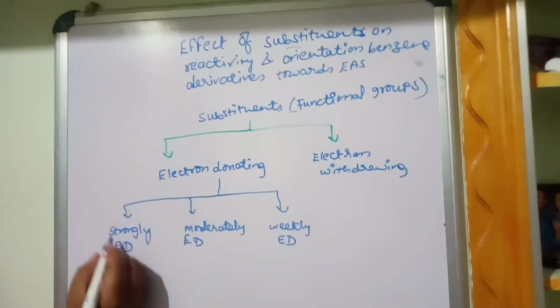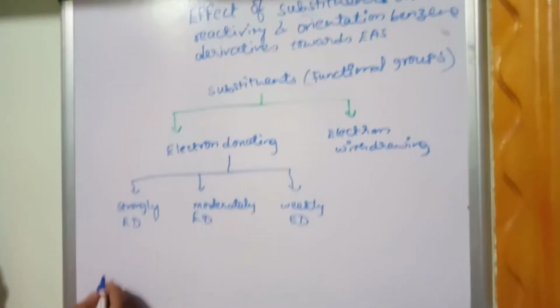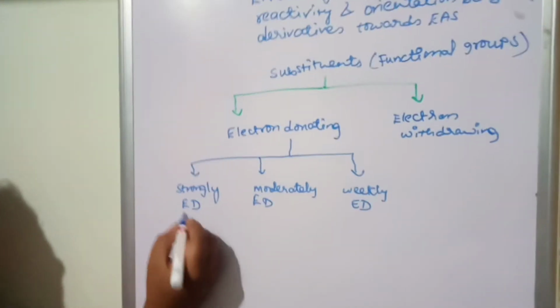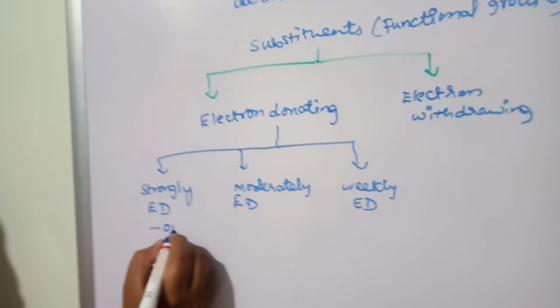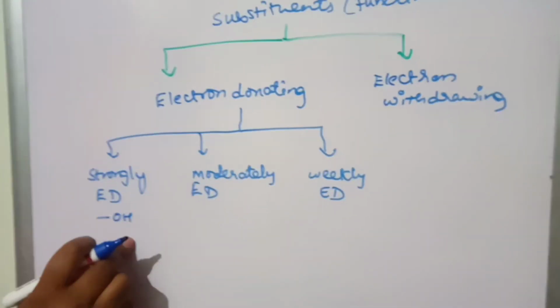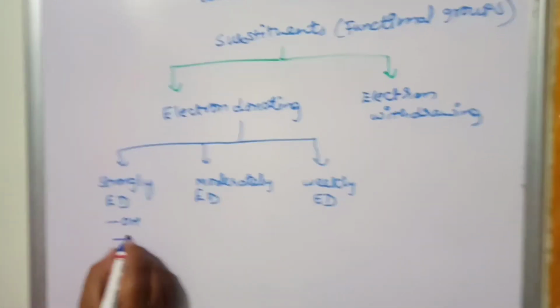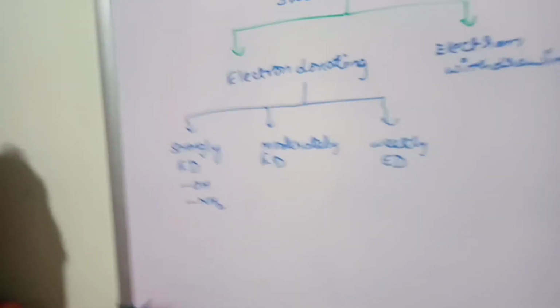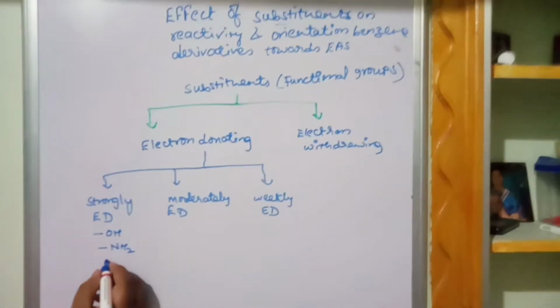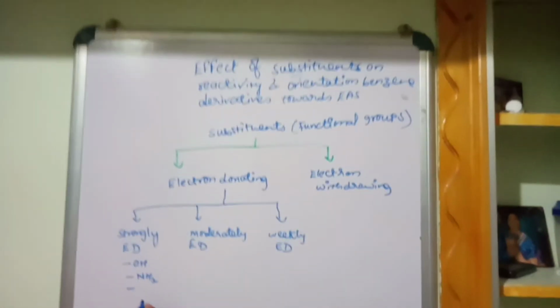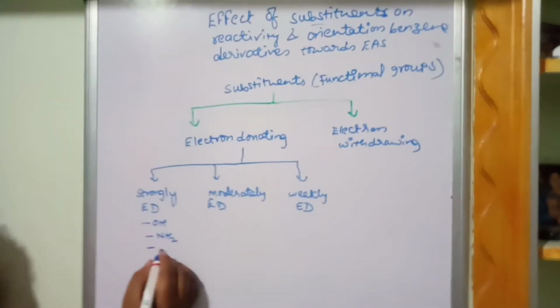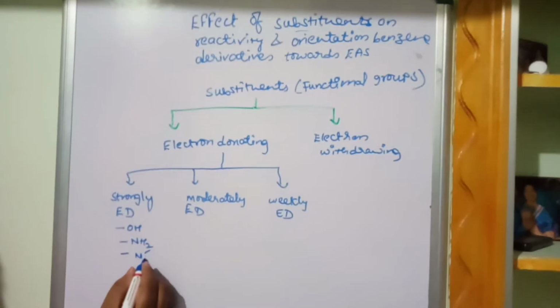What are strongly electron donating groups? Examples are the hydroxyl group or hydroxyl substituent, the NH2 group, that is primary amine, or else tertiary amines.